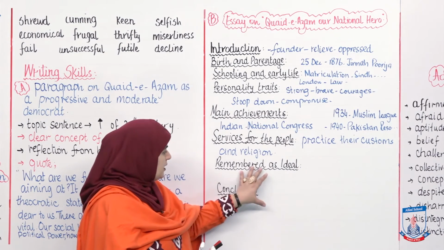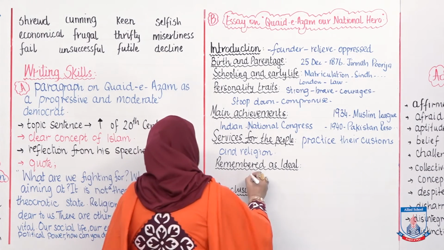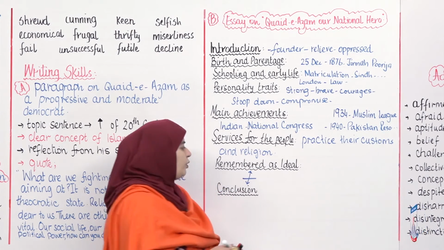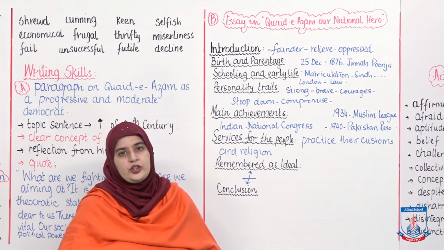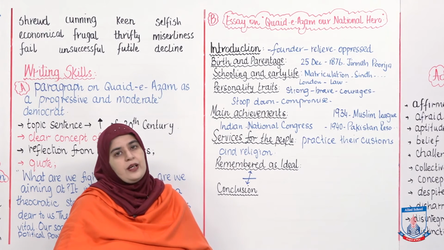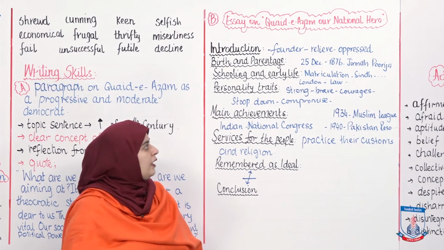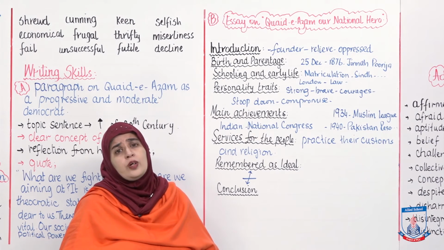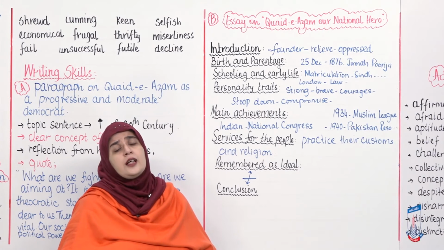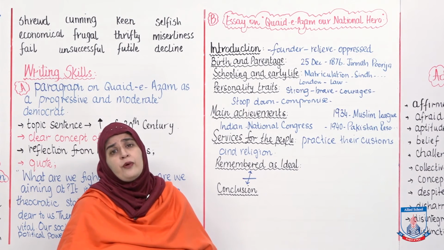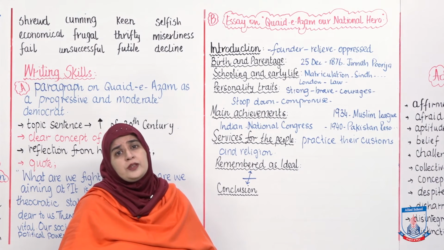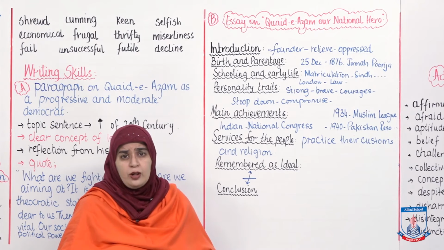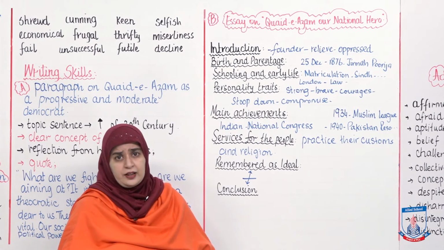And you can add these 2 points together, and you can conclude by saying that Quaid-e-Azam Muhammad Ali Jinnah was, is and will always be our ideal, our national hero, because he was the only person who has brought us out from the grasp of oppression. He was the only person who has brought us out from the trauma that we had been living in, right?